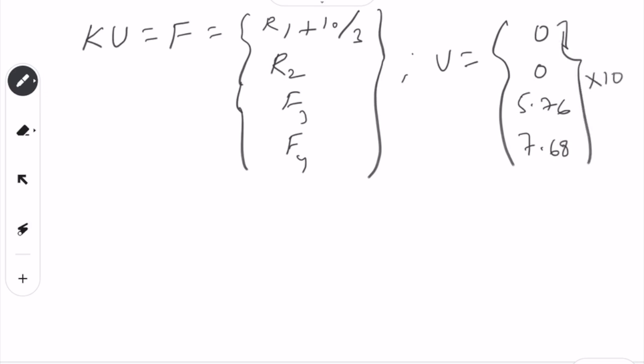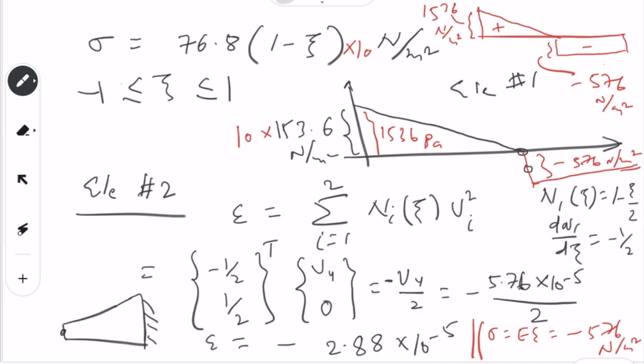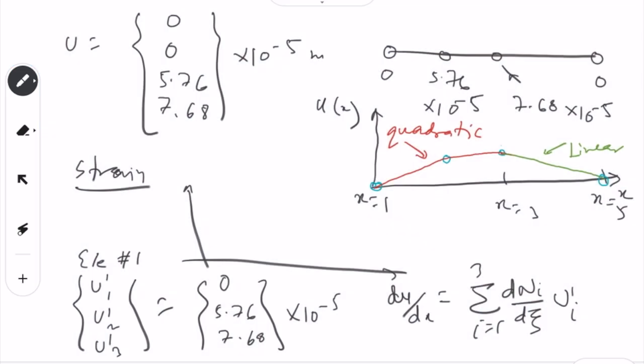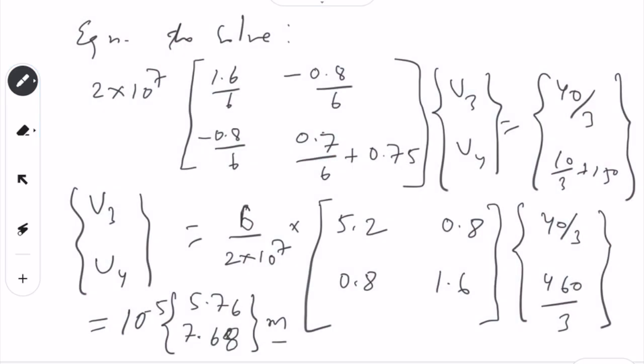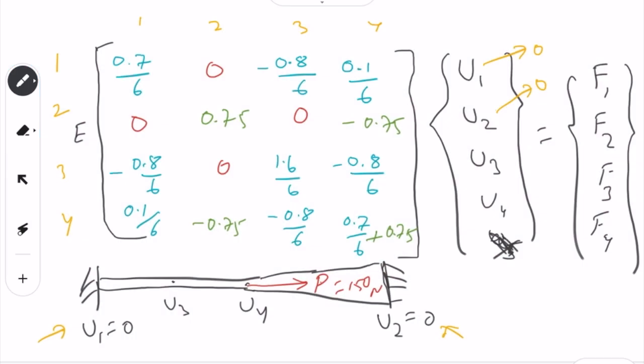Multiply by 10 to the minus 5. Okay, so meters. So we have u this one, and then we have the k values. If you see here, the value of k multiplied by, so here, this is 0, this is 0, we have to find out 10 over 3 plus r1 is there.